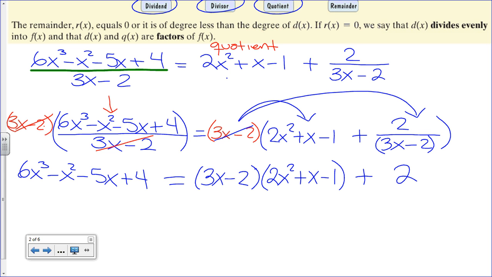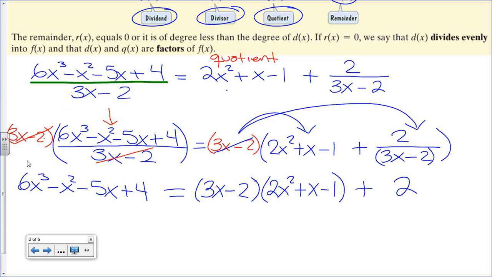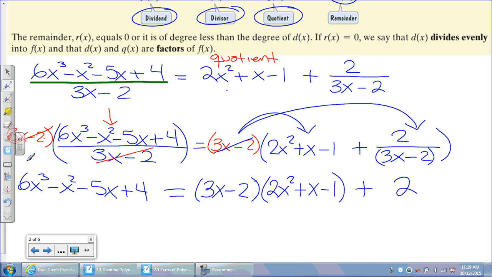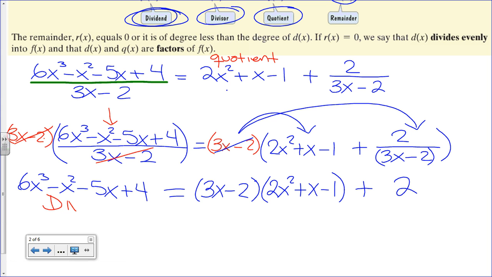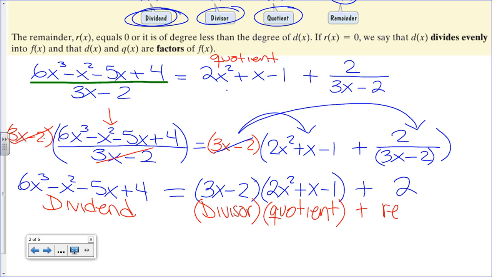Very good. So now if we look at the division algorithm, that's actually what it's telling us. Right here we have the dividend. So the dividend is equal to the divisor times the quotient, and then plus the remainder.